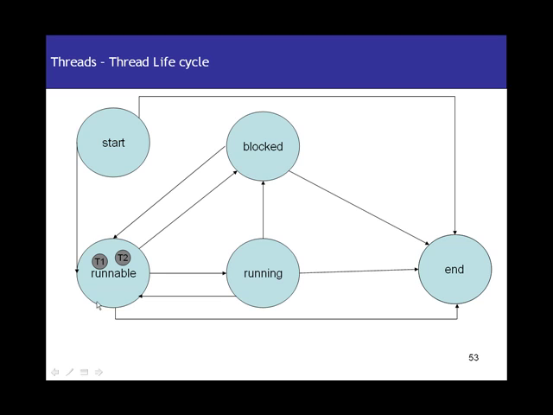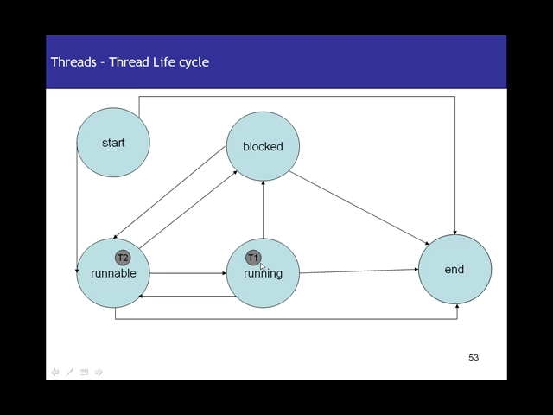And now the thread scheduler is going to see that there are no threads actively running right now. So it takes T1 and puts it into the running state. So basically it calls the run method on T1, and the T1 run method is being executed right now when T1 is in running state.